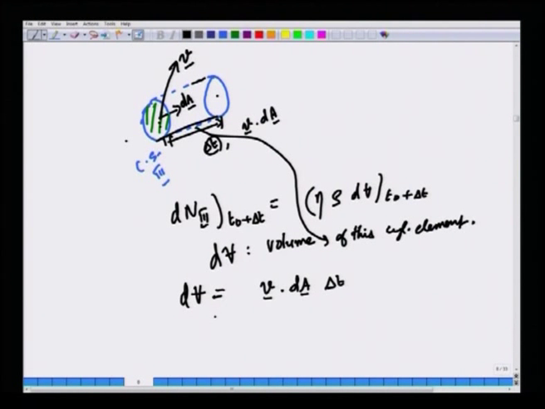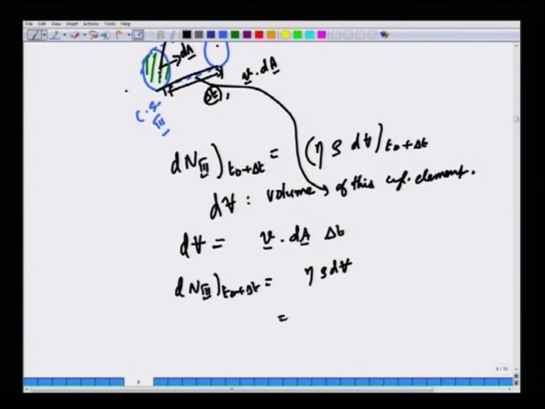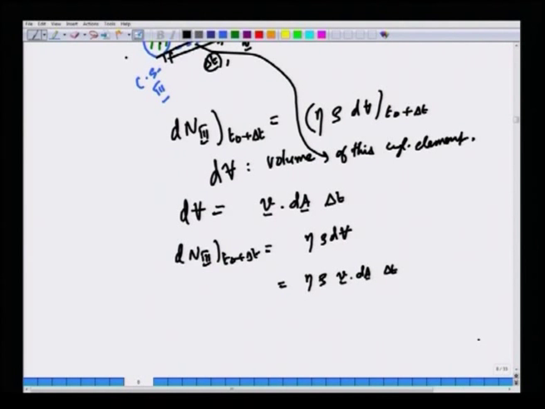So, dN3 at t0 plus delta t is nothing but eta rho dV, which is eta rho V dot dA times delta t.